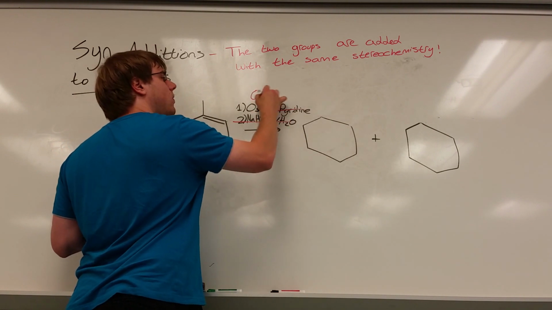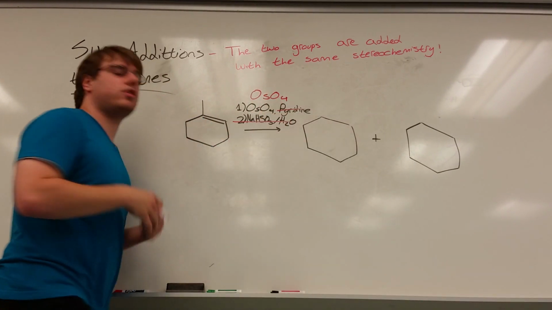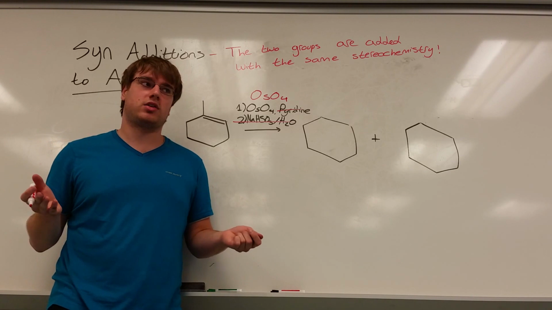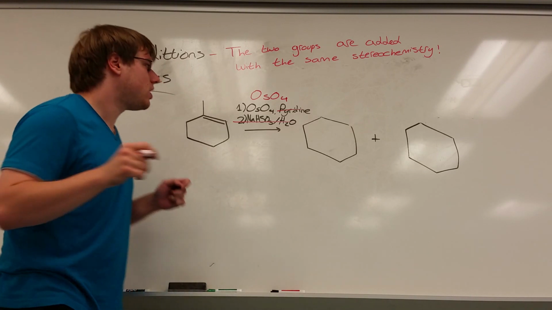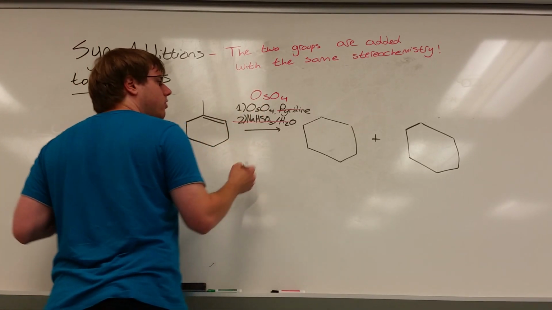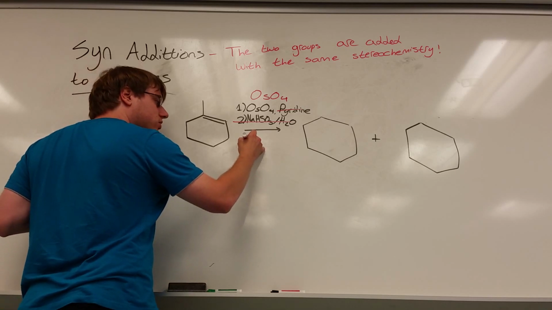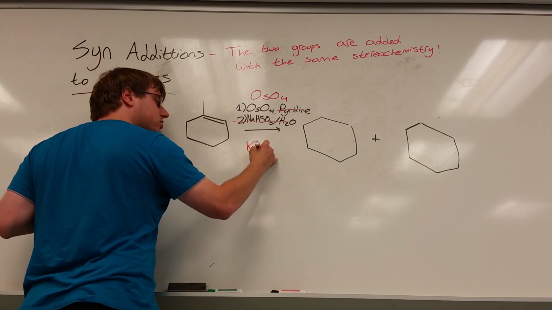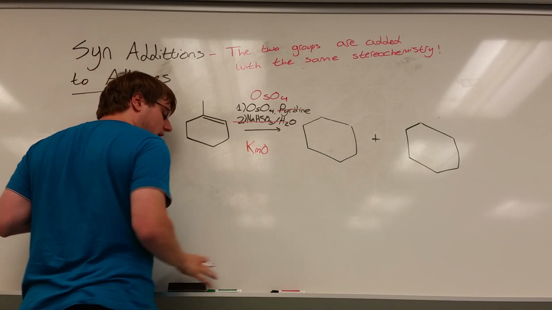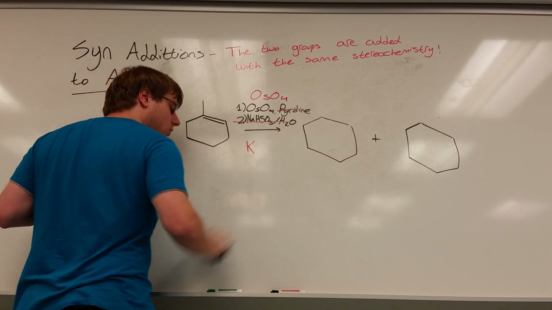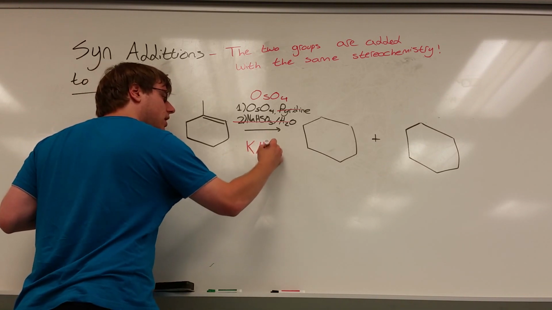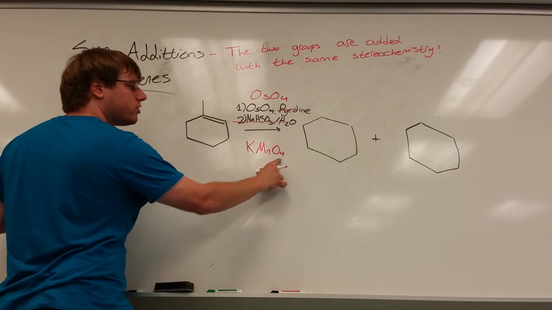The second you see OsO4 over the arrow, this is literally the only time we ever use this reaction, save for one other situation. For the record, the same exact reaction I'm about to describe can be done with KMnO4. Again, notice the O4.